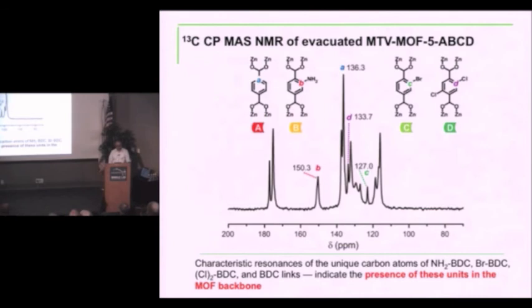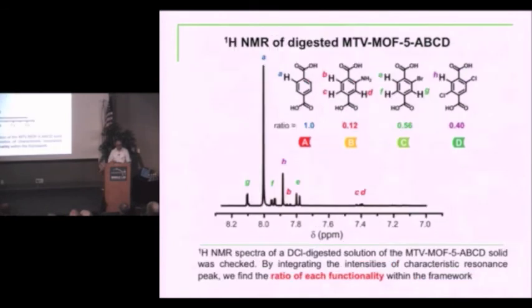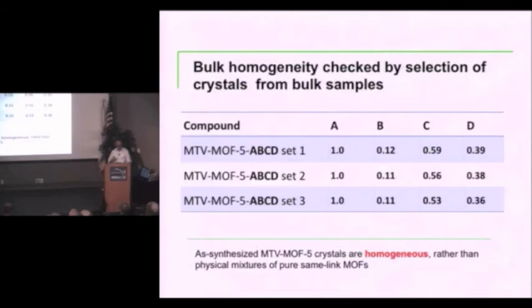So we have a lot of control over the composition of the functionalities. We know the ratio of functionalities. We know exactly where they're pinned onto the framework. And we also know that our structures are homogeneous. If you take a crystal and you chip off the crystal, in different fragments, you see the same ratio of functionalities from each fragment.